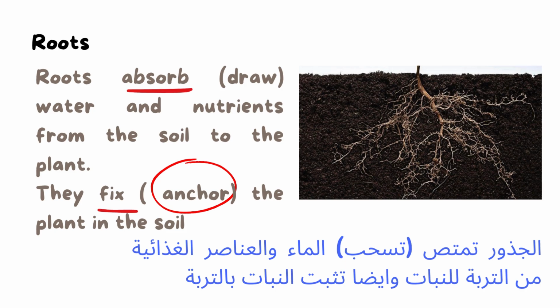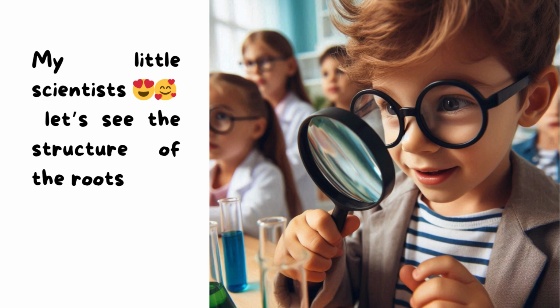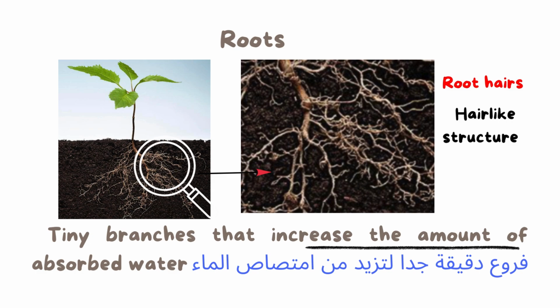Now we want to see the structure of the roots, okay? If we magnify a part of the roots, what will we see? Yes, as you see here in the pictures, we will see very tiny branches, very tiny roots, called what? Root hairs, because they look like hair, okay?